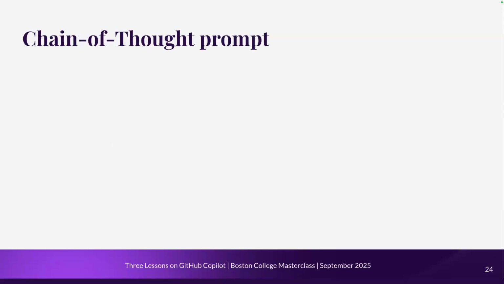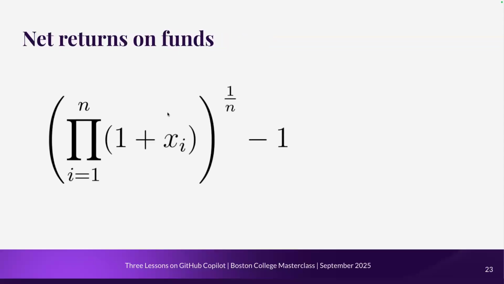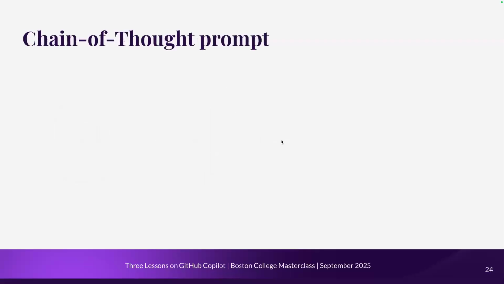It turns out that this method is pretty common in prompting with text. It's called chain-of-thought prompting. In our prompt, we say: step one, move to gross returns. Step two, take the square, cube, or nth root of that gross return multiplication. And the third step is to subtract one. And our prompts with code should look no different.